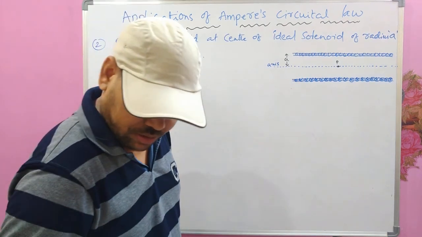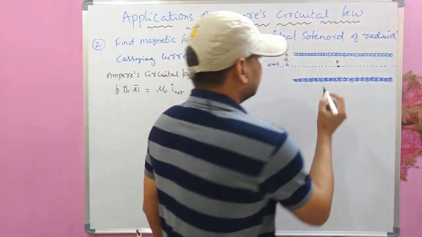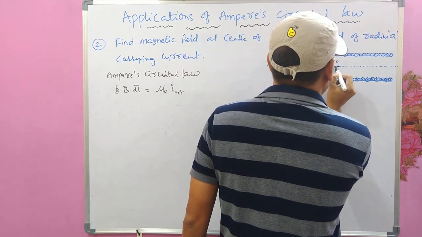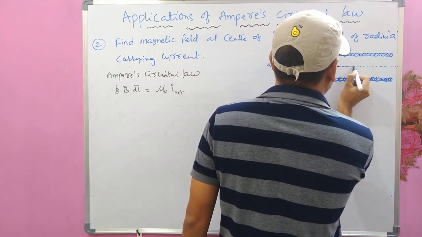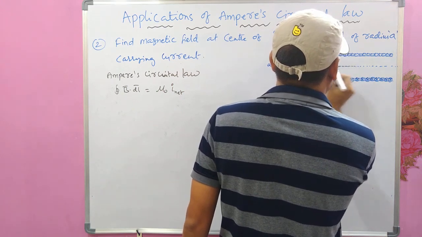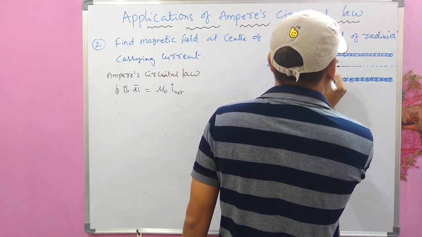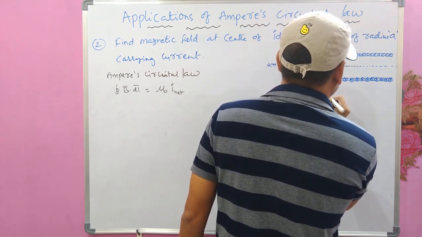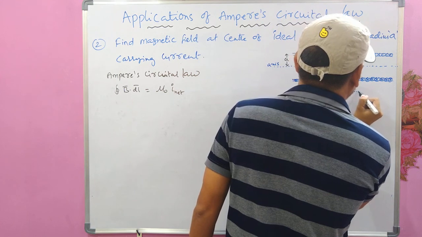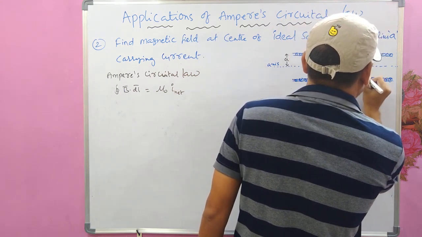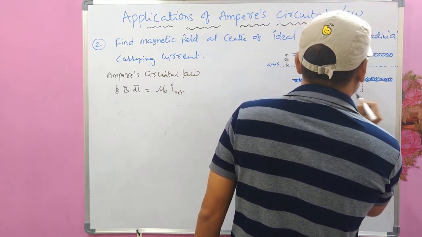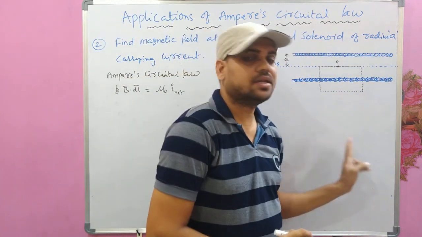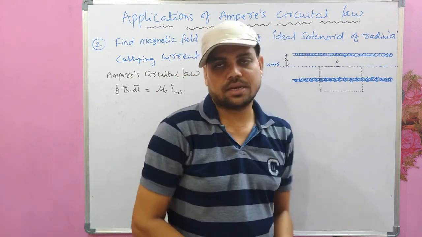So for that, I am taking an Amperian loop like this in a rectangular shape. This I have taken in the rectangular shape. What is this?